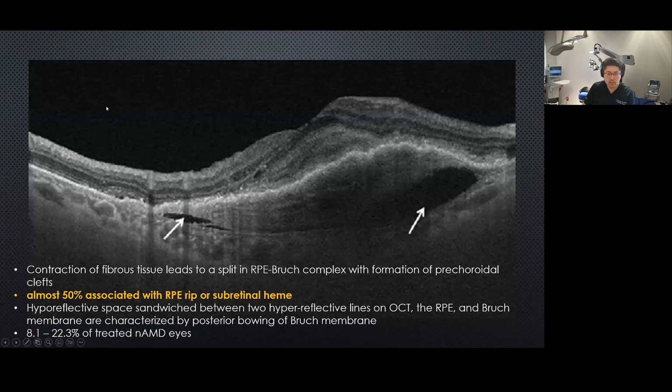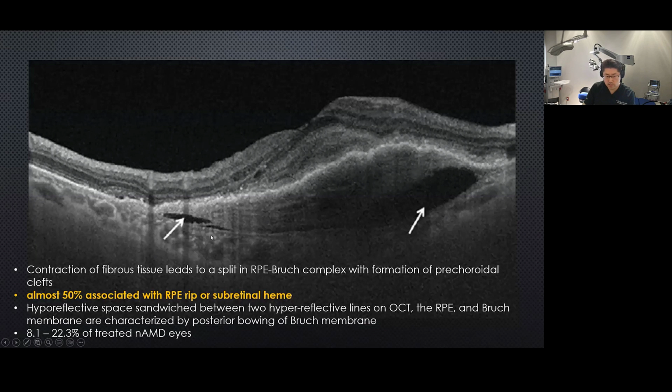How about in this case? We see the OCT of the macula with presence of subretinal hyperreflective material, a type 1 choroidal neovascular membrane with onion sign, and what the arrow is pointing at are pre-choroidal clefts. You can see the choroid, and these clefts are in between the RPE-Bruch's membrane and the choroid, therefore it's called pre-choroidal cleft.